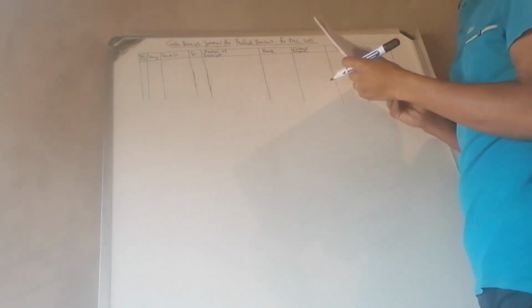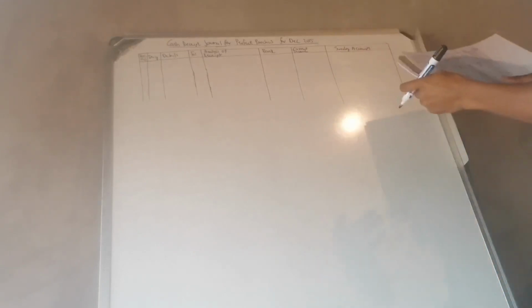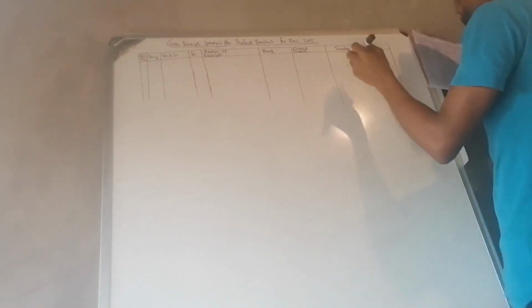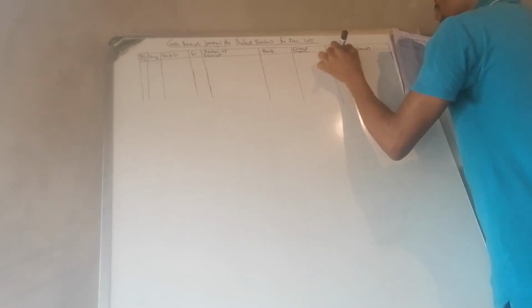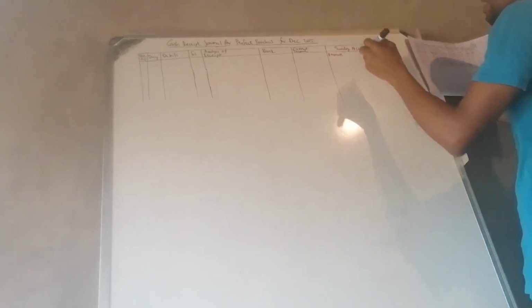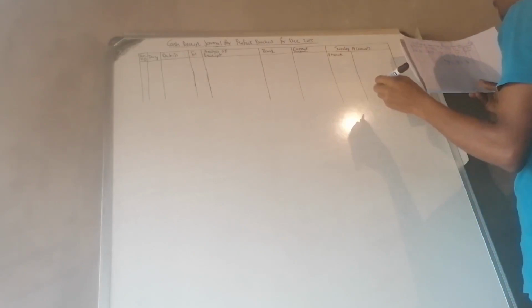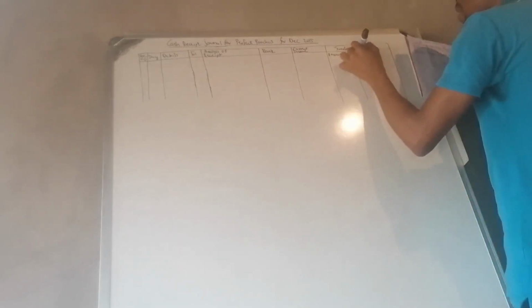And then how we divide here. Details. Current income, the sundry account. How we divide here this sundry account to the amount. The amount to the folio number.